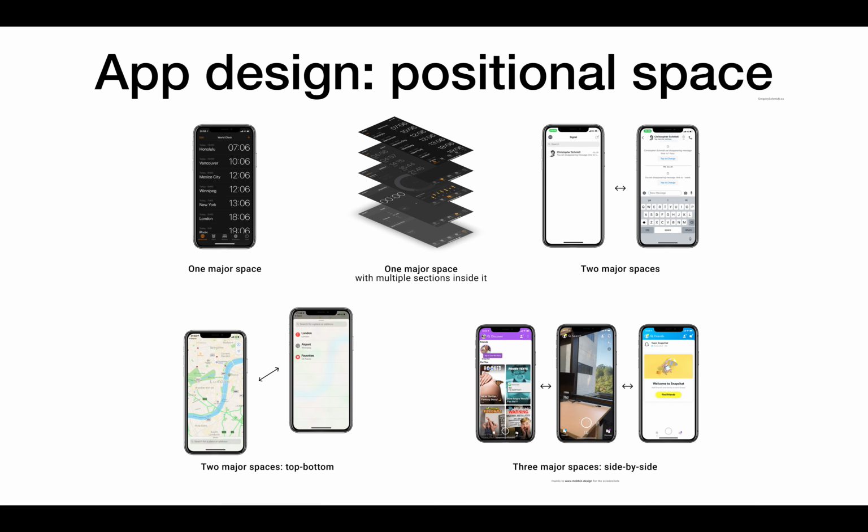And of course, there are lots of other examples you could think of how people have arranged their major spaces, and included minor spaces, but these are some of the more common trends.